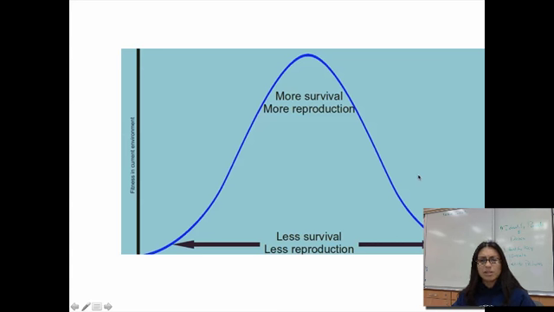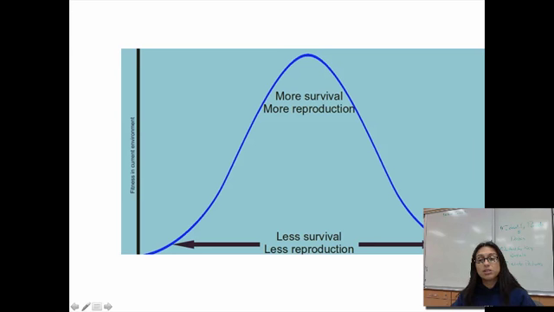Now, this makes sense. If we take a look at this bell curve here, the reason why there are more individuals with the average of the trait is because that's the best trait to have. So if you have a really good trait, you're more likely to survive and more likely to reproduce.